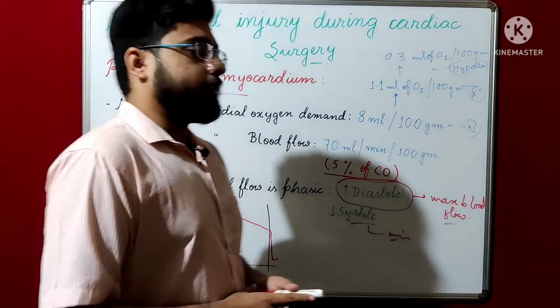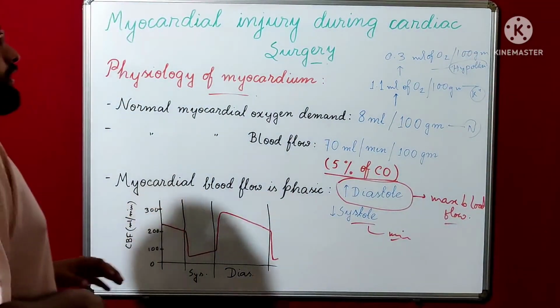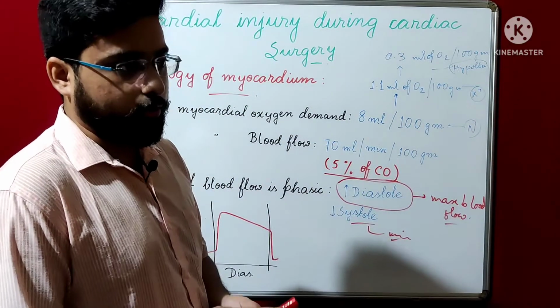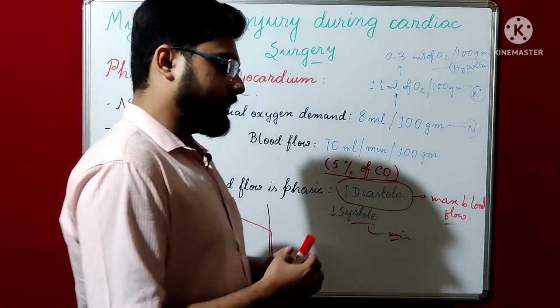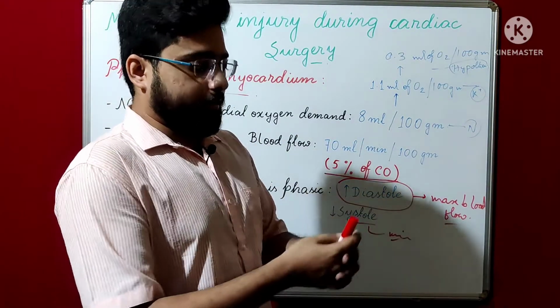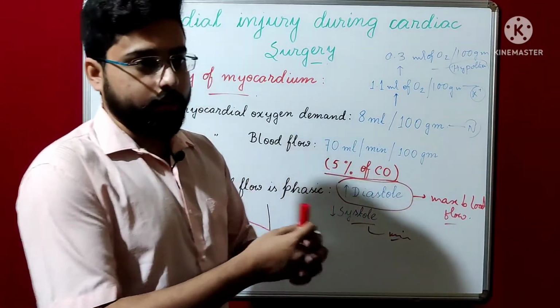So the blood flow will not occur through the blood vessels. That is why during systole the blood flow is minimum, and during diastole, when the muscles are relaxed, the vessels embedded inside the muscle are not compressed, so the blood flow can occur.